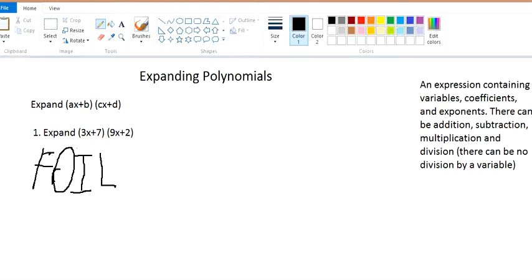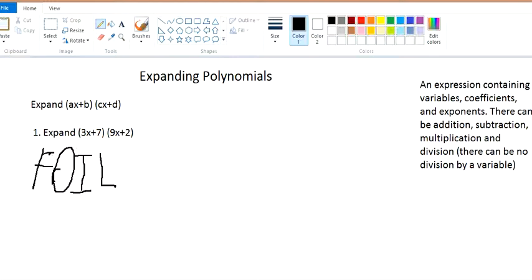Now what FOIL stands for is front, outside, inside, last. Basically, it is a method for expanding polynomials that involves multiplying all elements with each other. It's kind of similar to how we were taught to multiply two large numbers in intermediate school.